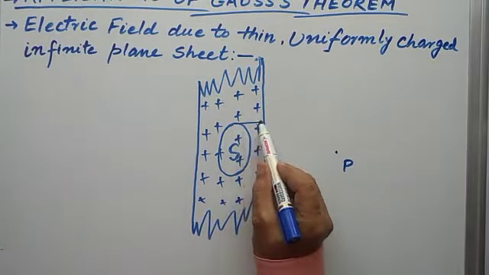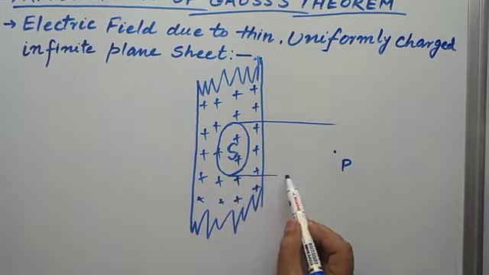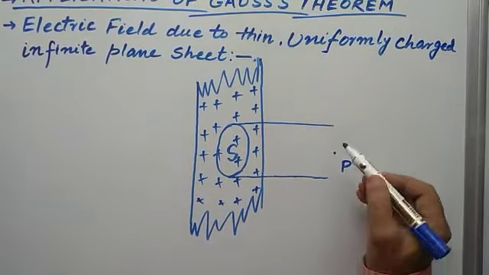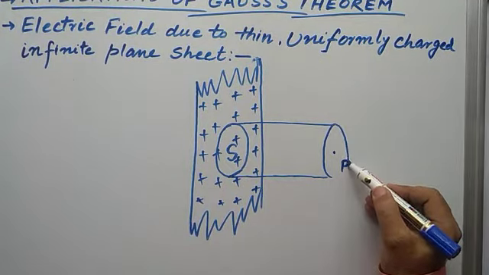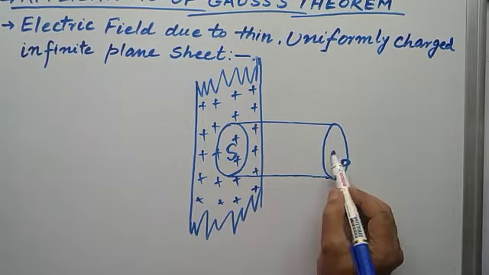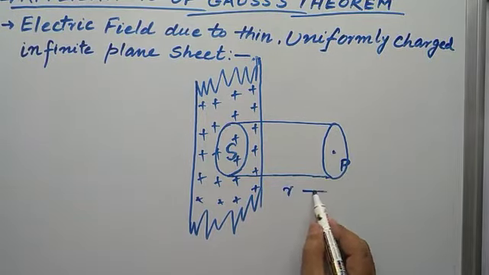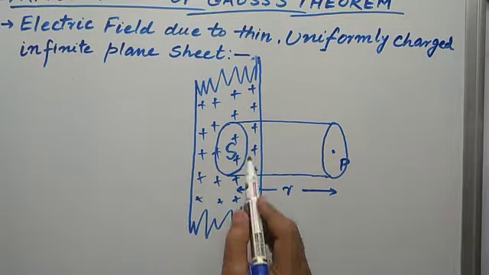So we draw the cylinder this side up to this point. R is the distance of the point of observation from the sheet.